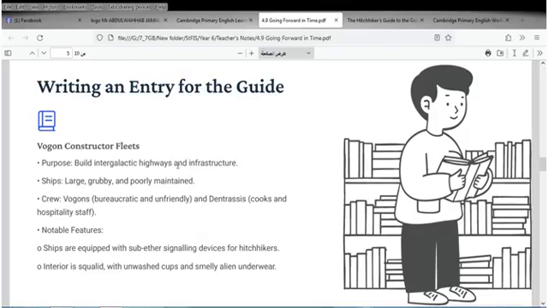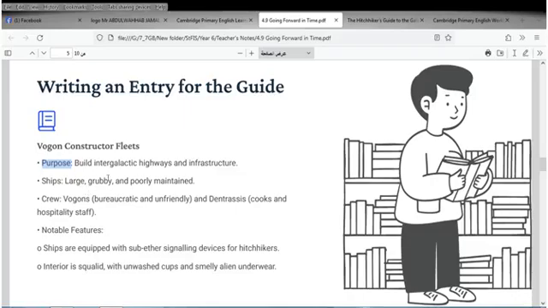Remember, you are writing a guide, so you are teaching people who read this guide what the purpose is, what's on the ship, who are the crew, and some features about it. I need you to imagine that you are holding the Hitchhiker's Guide to the Galaxy and you are reading on it. So write an entry for the guide.